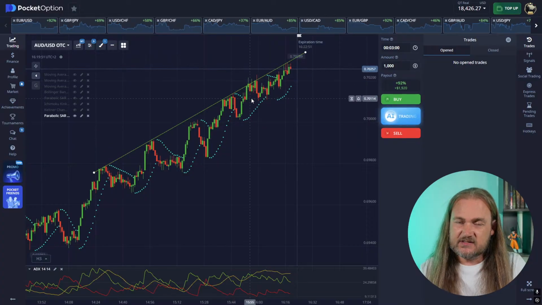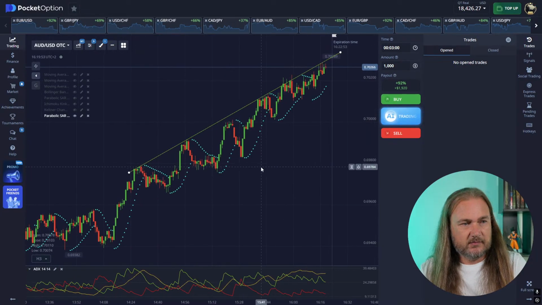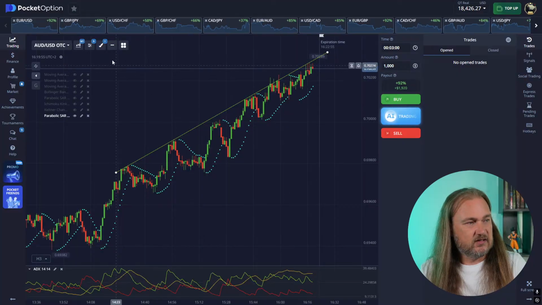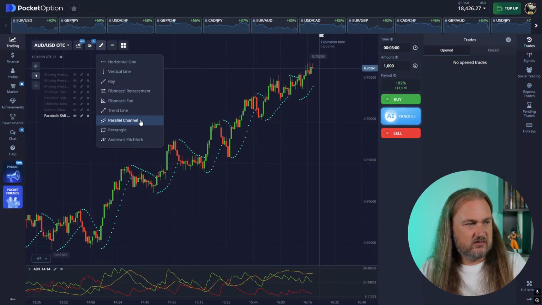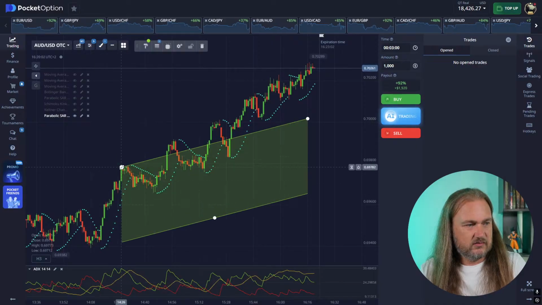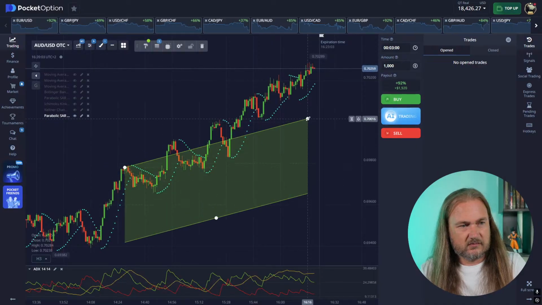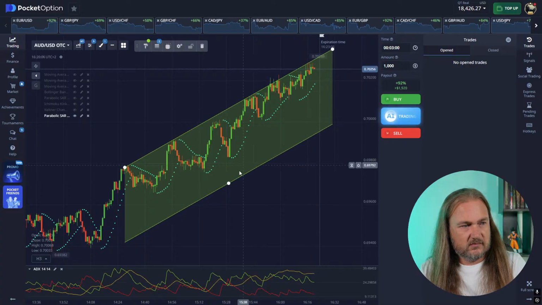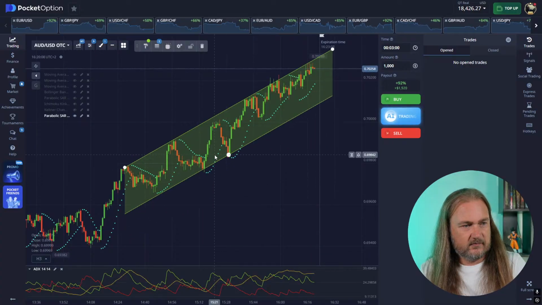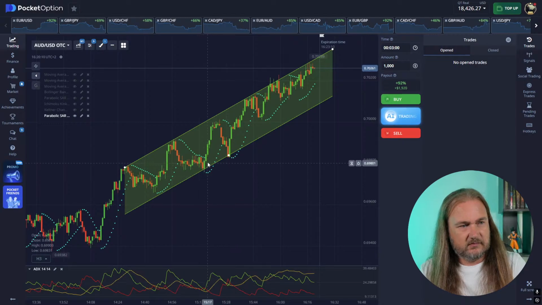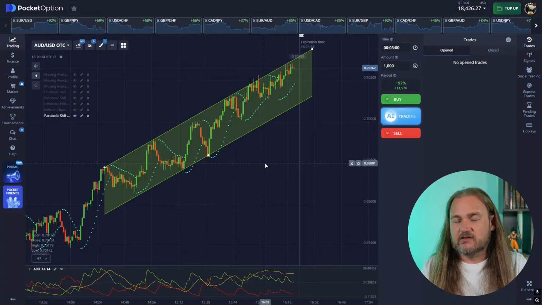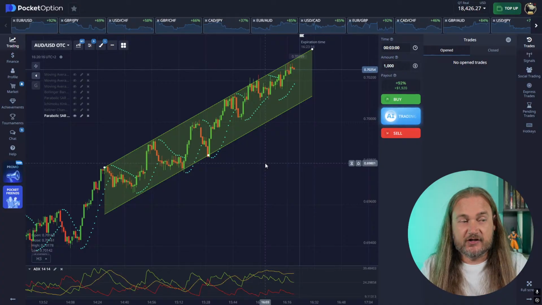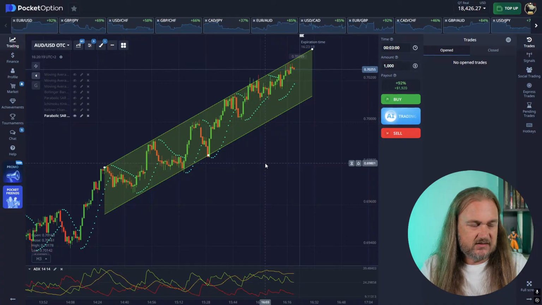We can see price is respecting this trend line, but it is still assaulting that trend line. So let's just check the channel quick. There we go. Okay, so no doubt that price is in an upwards, a bullish trend here in this example.